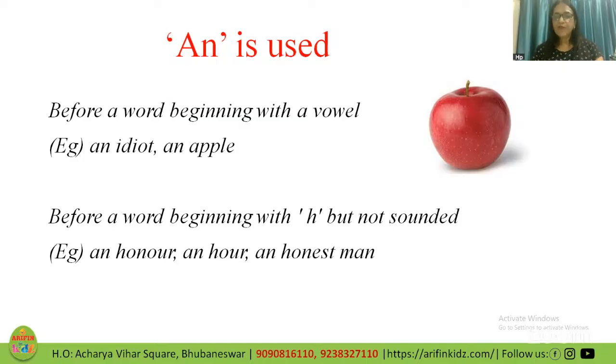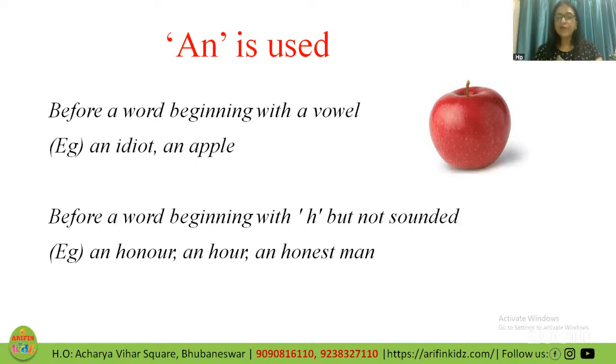Again, before a word beginning with H but not sounded. You see, when we say house, horse, the H is sounded. But when we say hour, like 1 hour, 2 hours, or honest, you see in hour and honest, the H remains silent. The H sound doesn't come. Think of the sound of house.